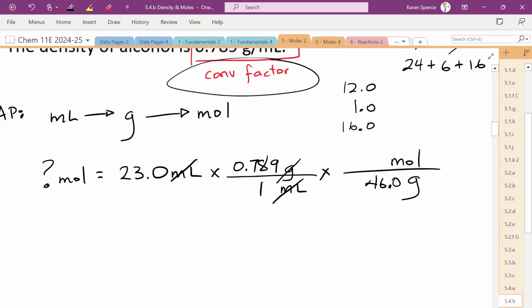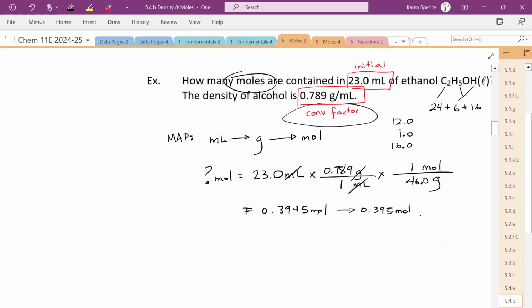Okay? And we need to have 3 sig figs, so that becomes 0.395 moles. Is that good? Okay.